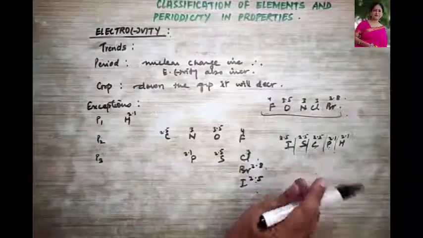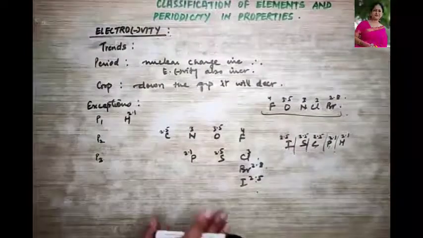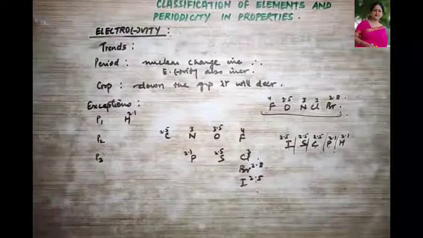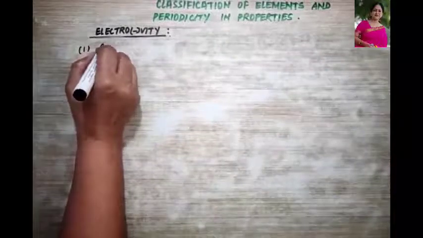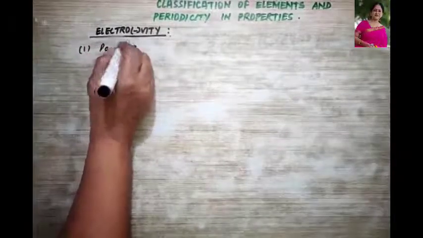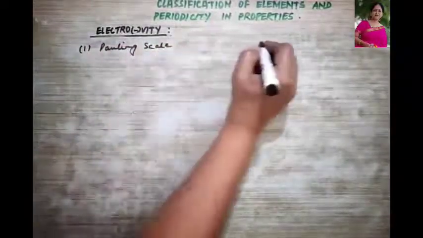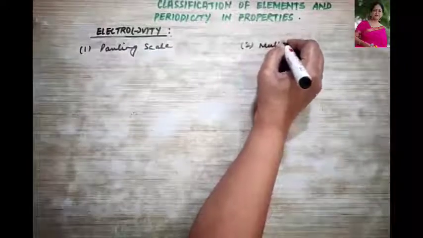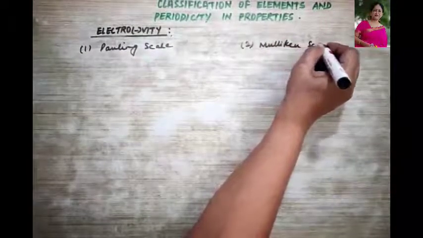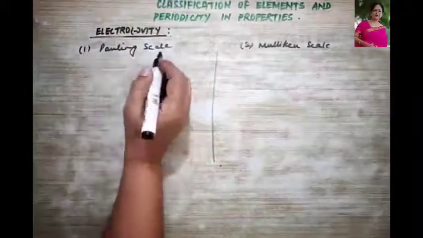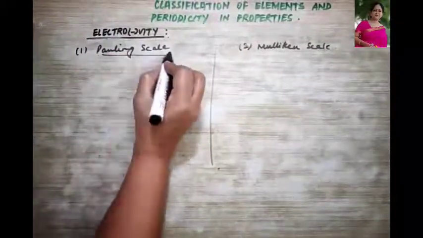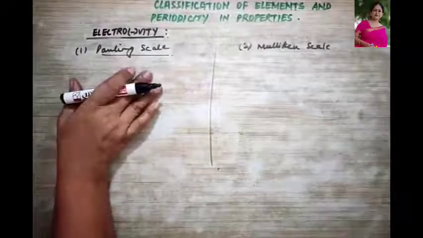electronegativity 3. Now talking about scales, there are 2 types that we need to study. One is the Pauling scale and the other Mulliken scale. Okay, so let's talk about Pauling scale. So in Pauling scale we need to remember certain formulas.